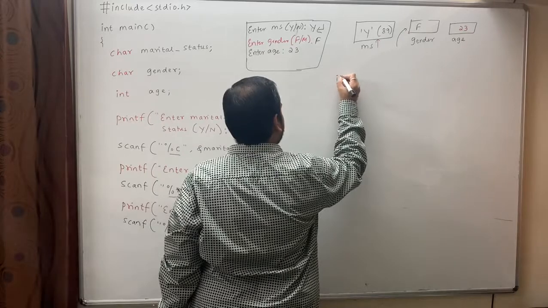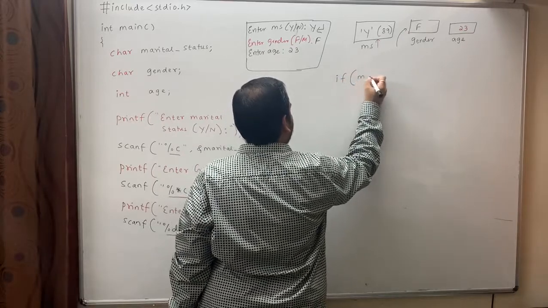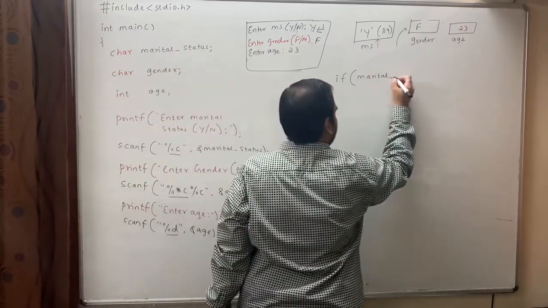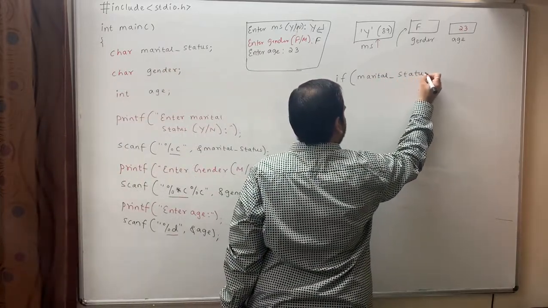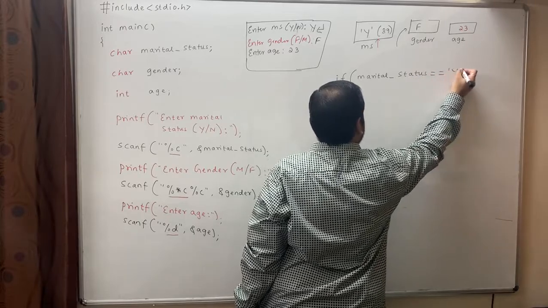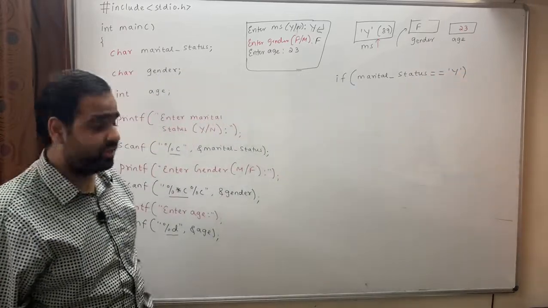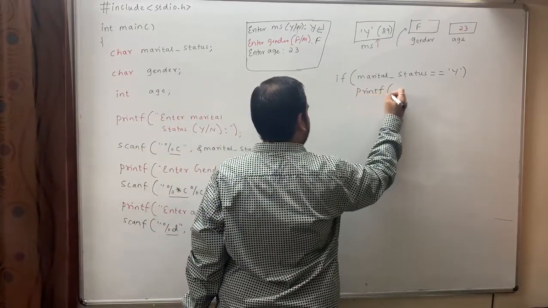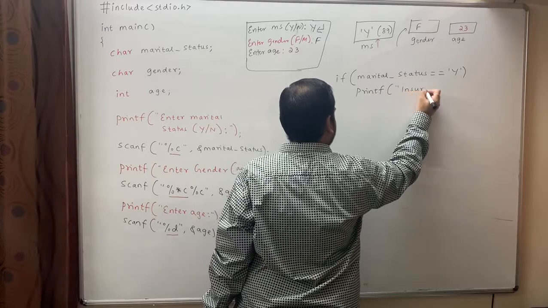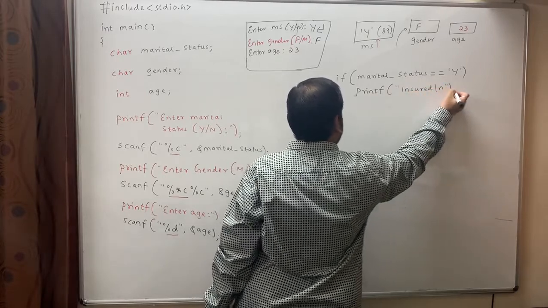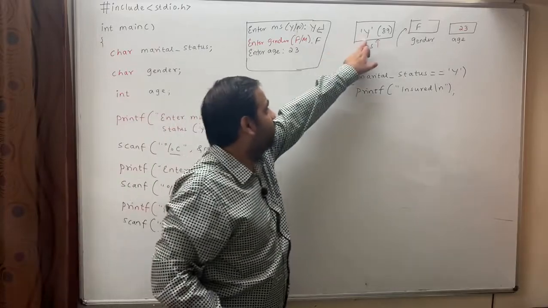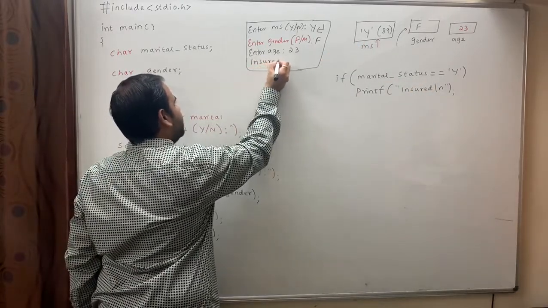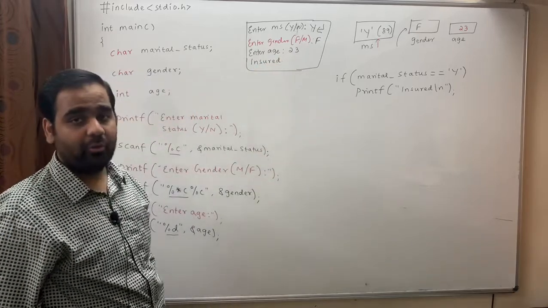Therefore I say if marital_status is equal to Y, that means you have entered yes, then the employee should be insured irrespective of age and gender. I write insured here. Marital status is Y. Is Y equal to Y? Yes. And you are going to see insured as the output.